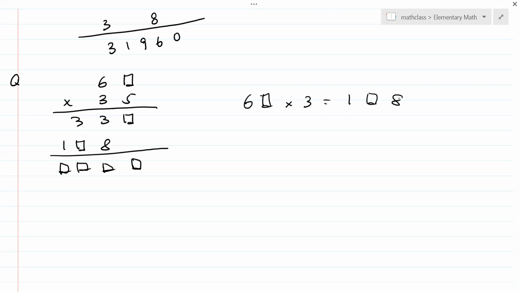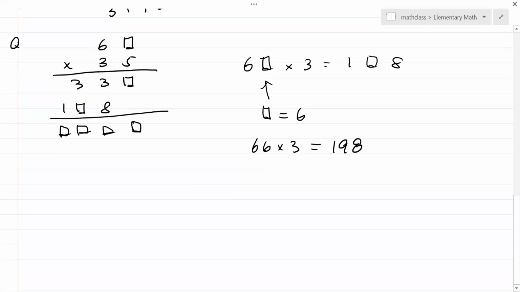There you go. So it's possible, right? So this number is going to be 6. Okay. So once you get 6, then you can see that 66 times 3 is going to be 198. Okay. So then you solve the problem, right?